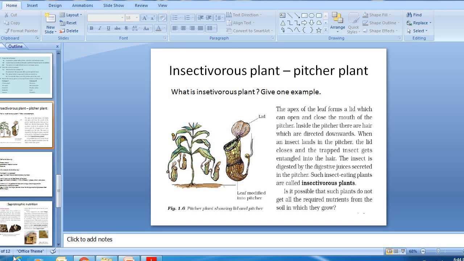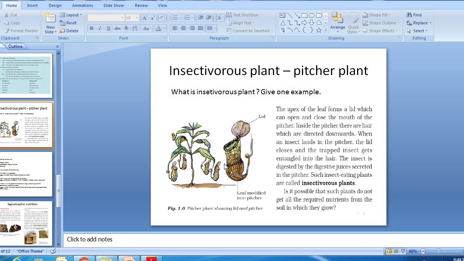This plant has normal leaves, and at the tip of the normal leaves you can see some specially modified structures. These specially modified structures of leaves are called pitcher.